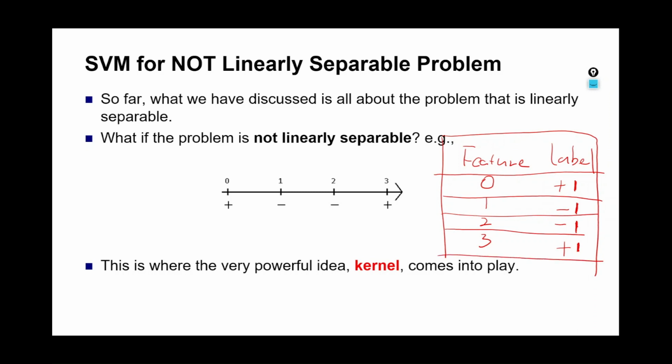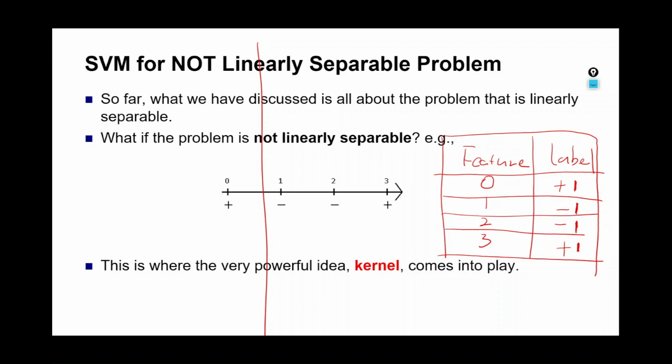You look at this data set. This is one dimensional because we only have one feature, like in a number line. How do we draw a linear line to separate these two classes? Think about it. Can we draw a line here?